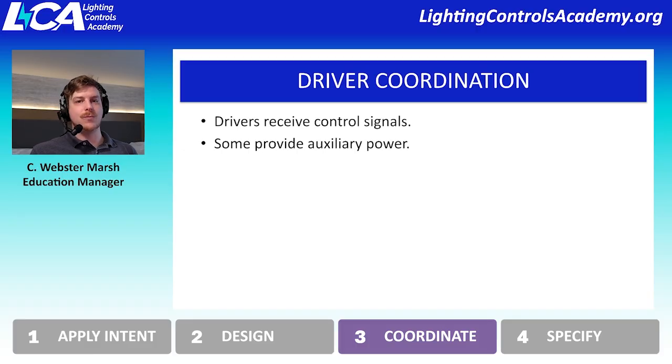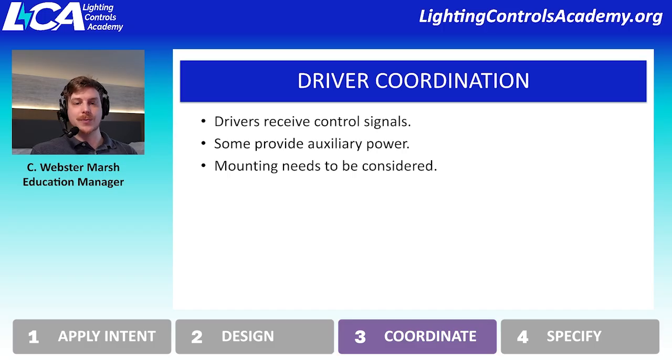But whether you need that auxiliary power or not is important to confirm and vet when you're specifying your luminaires, because if you're planning on doing triple LC or something similar, you will need that auxiliary power to be provided to the devices. Additionally, mounting needs to be considered, as mentioned with remote drivers.